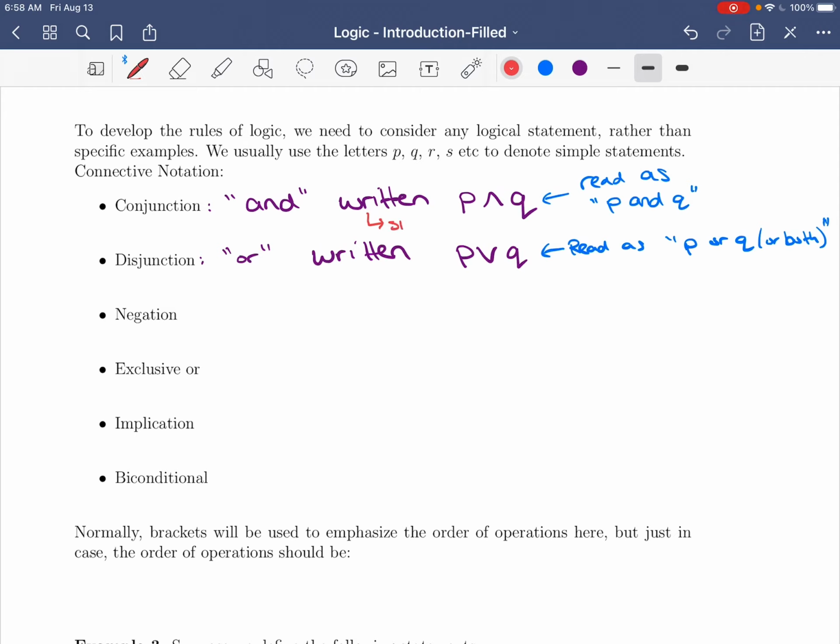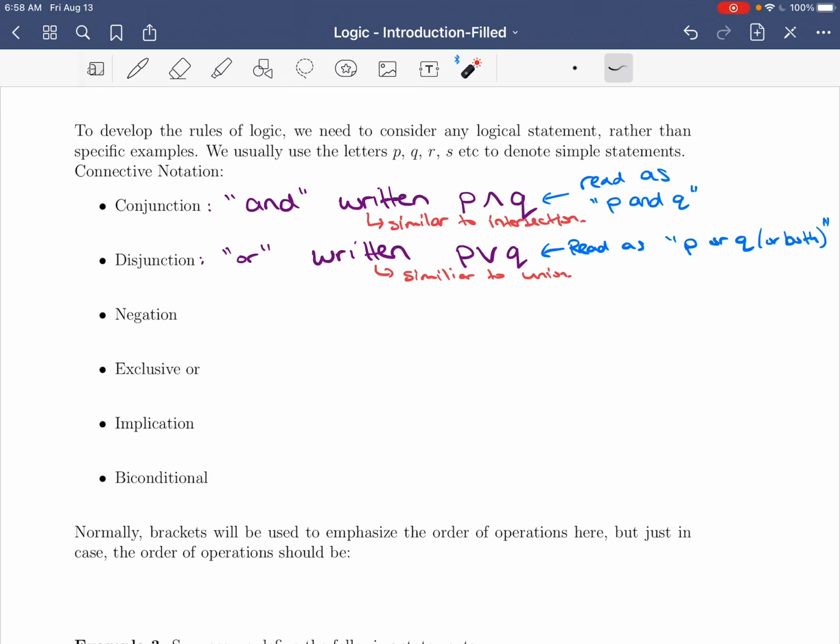This is similar to an intersection, the conjunction, and the or seems similar to the union for sets. So in set theory, they are similar. So here, the statement P and Q means that P happens and Q happens.